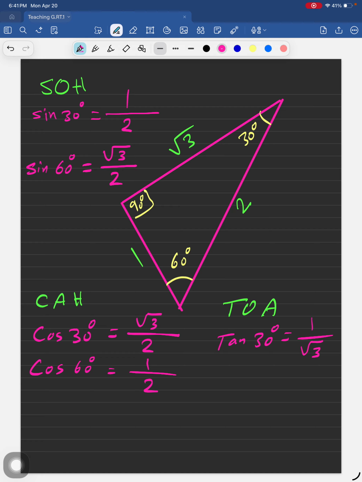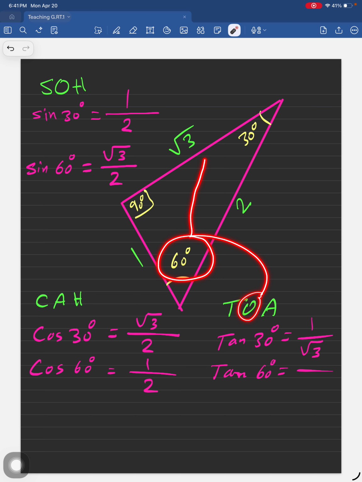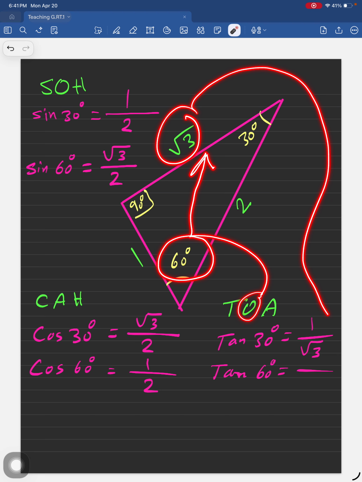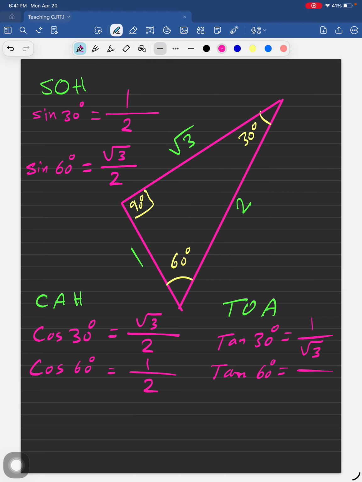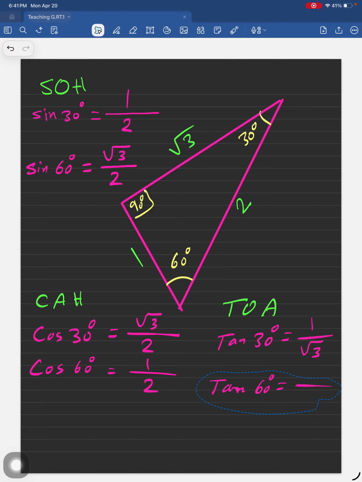The last thing here to talk about is the tangent of 60 degrees. Using the same strategy, we take the opposite of the 60, and the opposite of 60 is the furthest side, which is square root of 3. Take the square root of 3 and write it down here in the numerator. Let me take this down first to make space for writing.